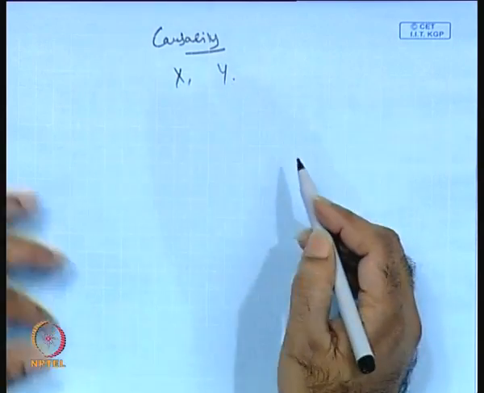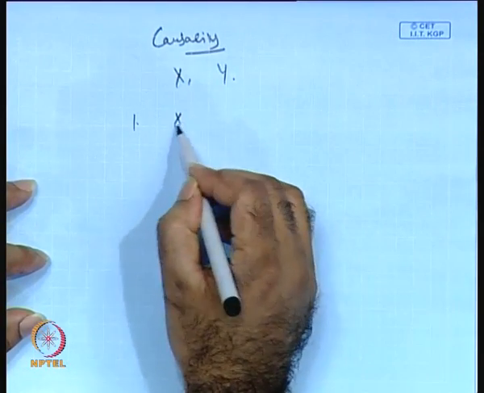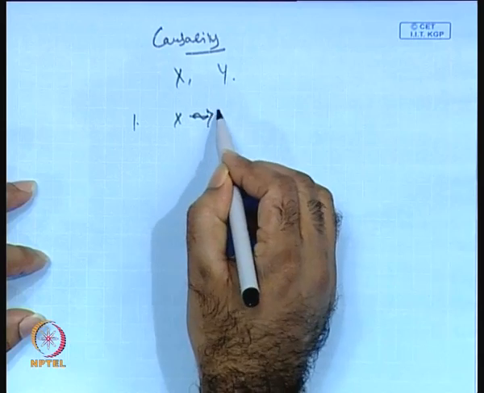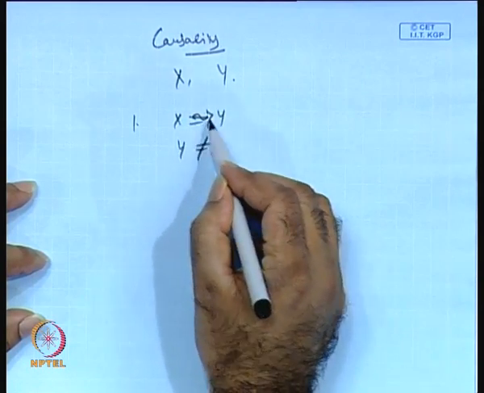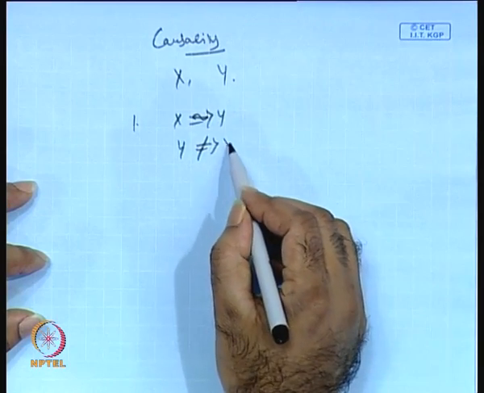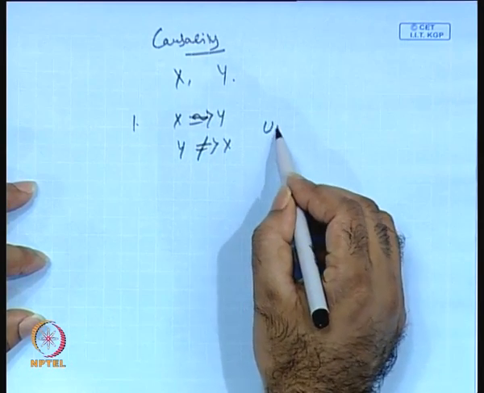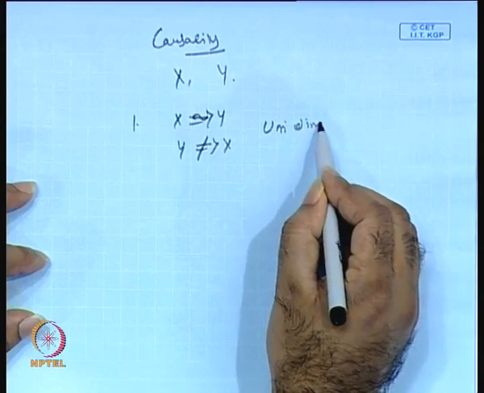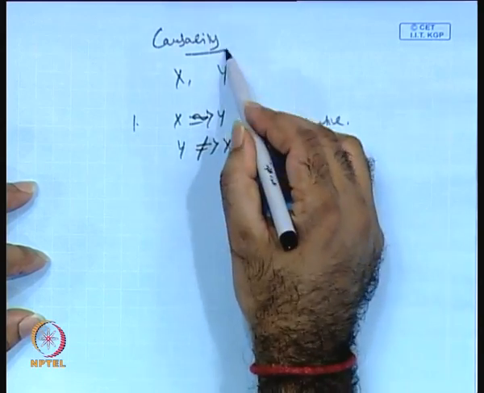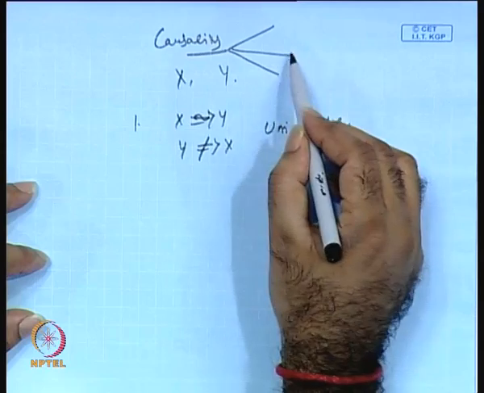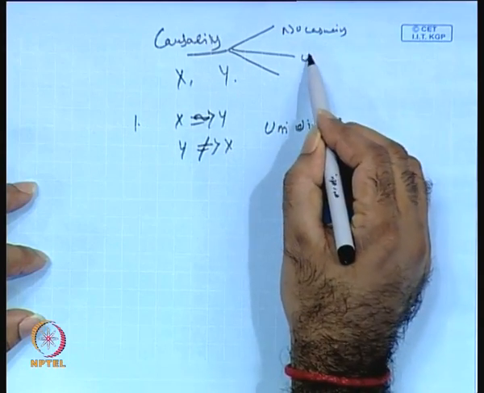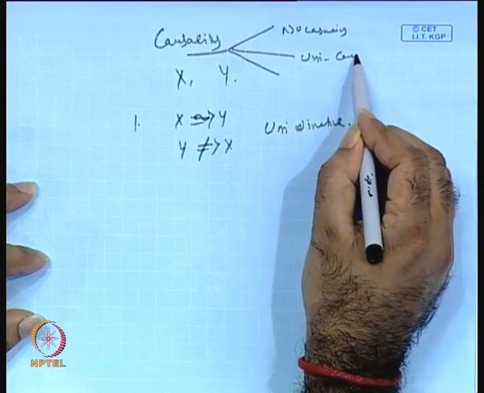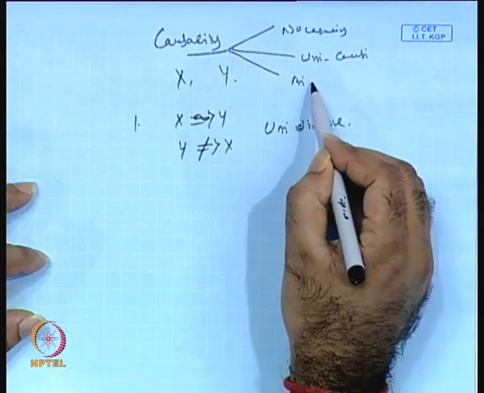For instance, let us start with x and y. If x causes y, and y does not cause x, this is called unidirectional causality. So, causality has three forms: no causality, unidirectional causality, and bidirectional causality.